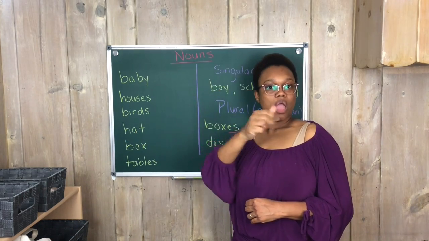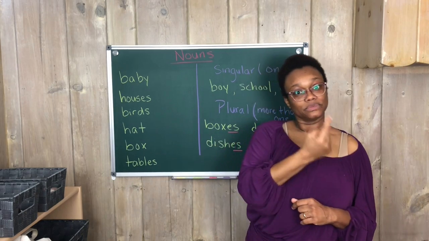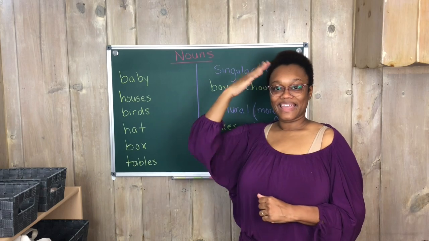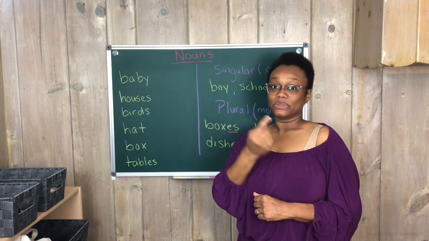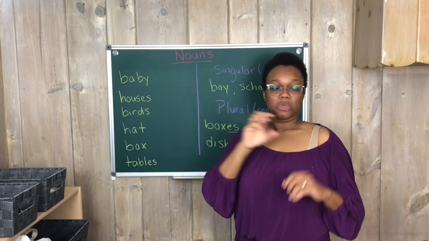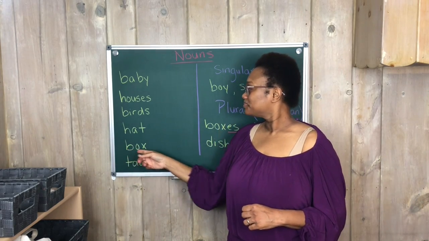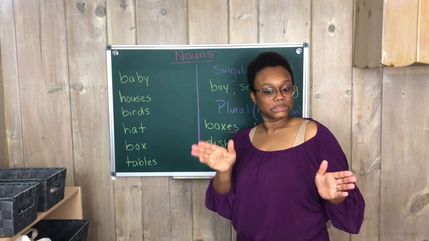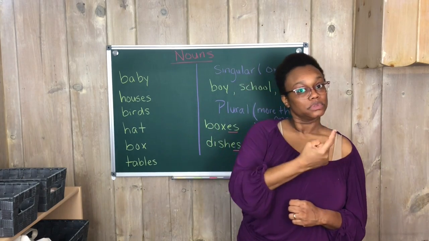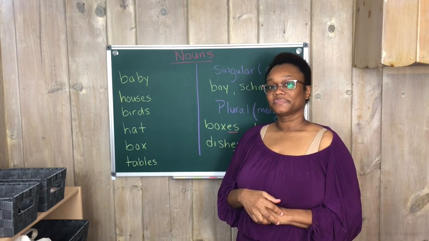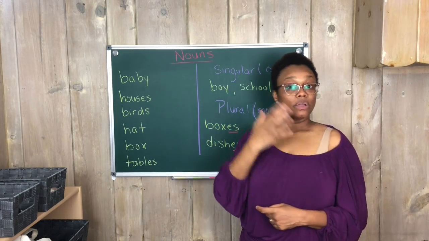Next is hat, H-A-T. Is that singular or plural? Hat is singular. Why? There's no ES or S at the end of the word. What about box? B-O-X. Is that singular or plural? You're right, it's singular.